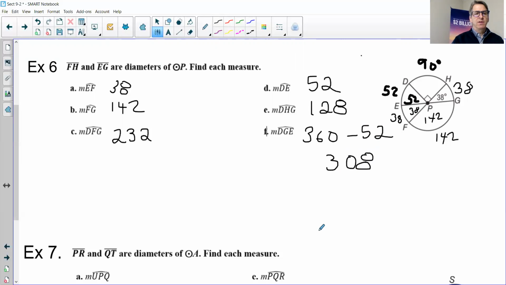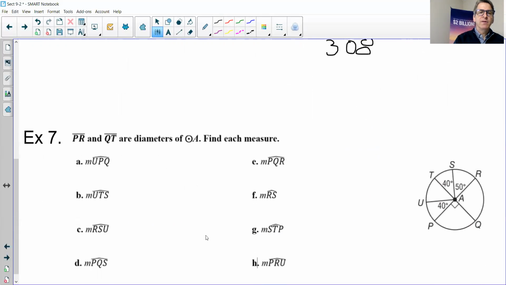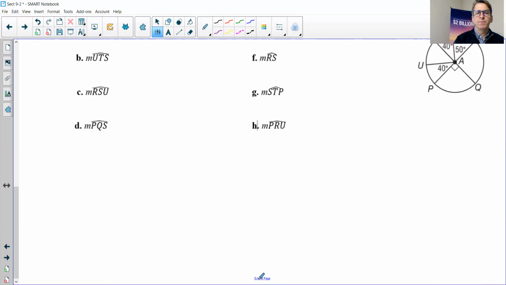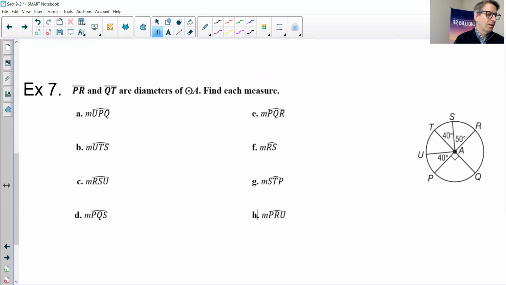Example 7. Segment PR and segment QT are diameters of circle A. Find each measure. Let's go around and figure this all out. So I've got 40, 50, and 40. We can start chiseling at this. If this is 40 and 50, it's 90.